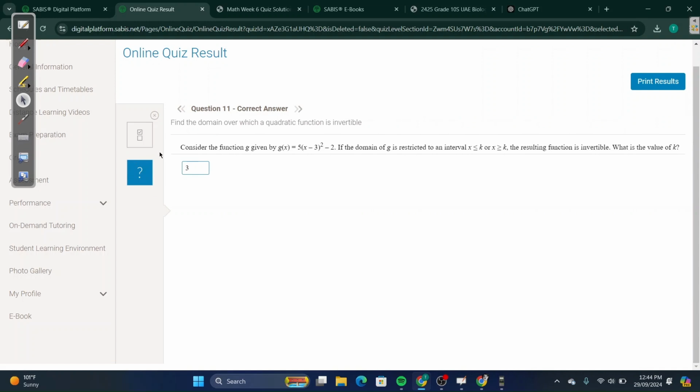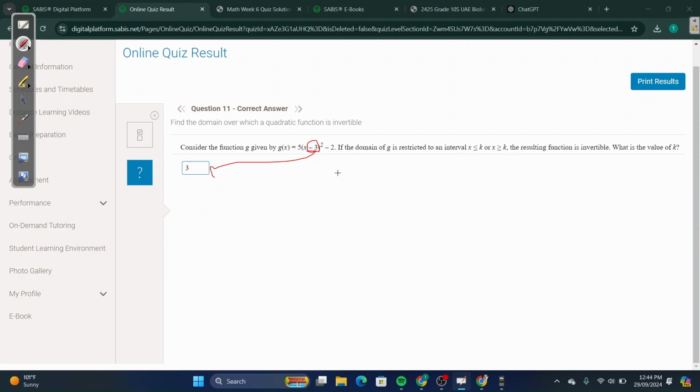Consider the function given by g of x. This is the quadratic general form. This has been asked every time. So this is going to be negative 3 here. If it's negative 3, that means the answer is going to be positive 3 here, when you restrict the domain.